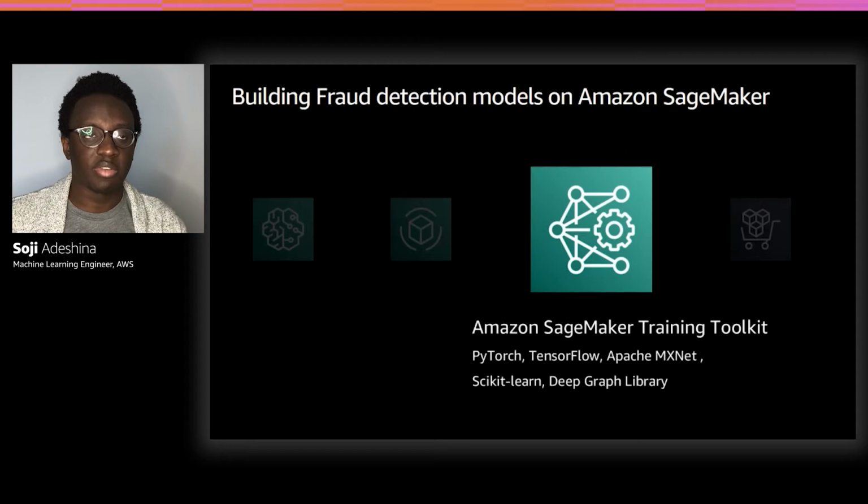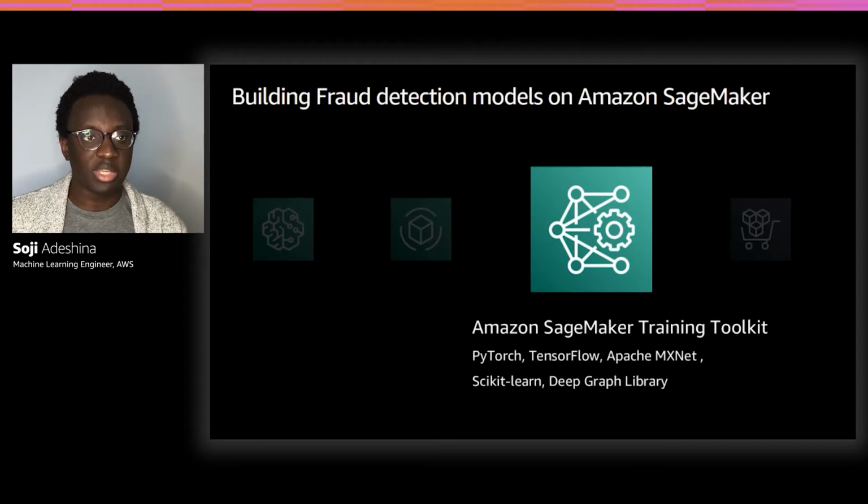If you have significant machine learning experience or a team of data scientists and you want to implement cutting-edge deep learning-based models or use your own internal IP for modeling, you can still build those models with SageMaker. So SageMaker supports the leading deep learning frameworks like PyTorch, TensorFlow, and Apache MXNet for building neural network models using deep learning. You can also use scikit-learn, XGBoost, and SparkML as they are supported frameworks for machine learning on SageMaker.